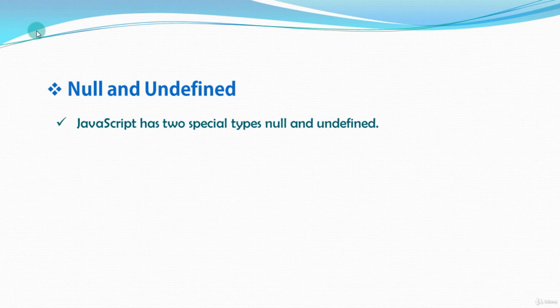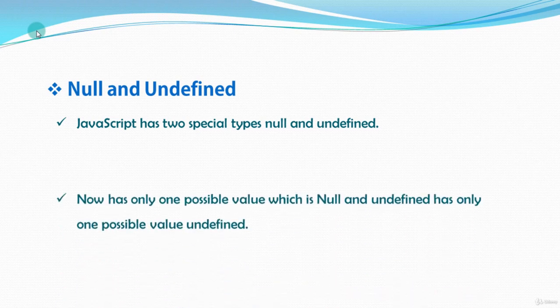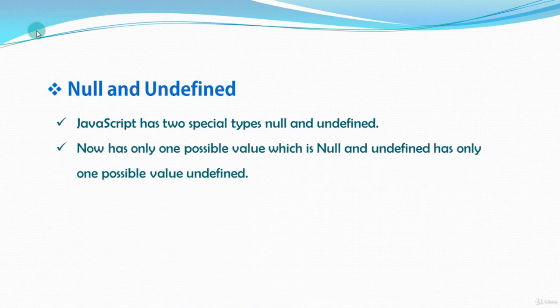Now let's move to the next type, null and undefined. JavaScript has two special types, null and undefined. Null has only one possible value, which is null, and undefined has only one possible value, undefined. Both null and undefined represent something that doesn't exist.